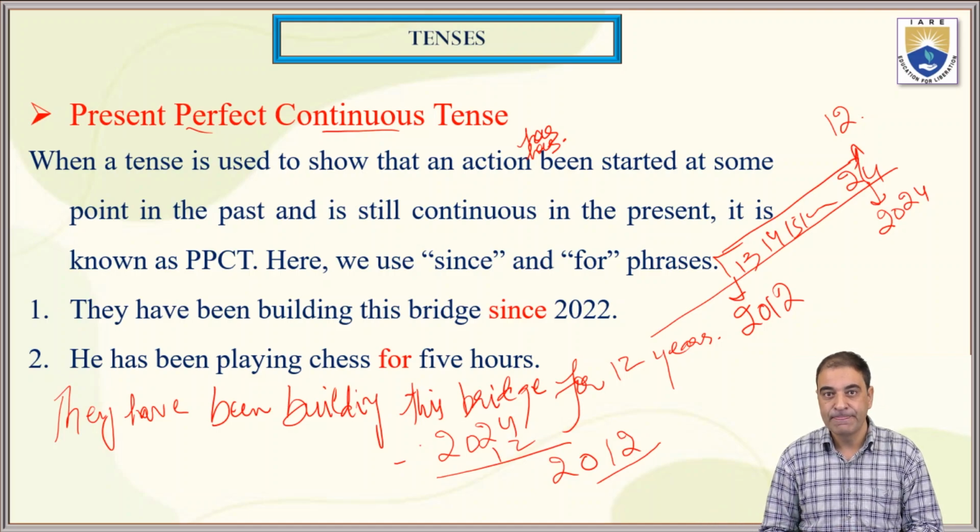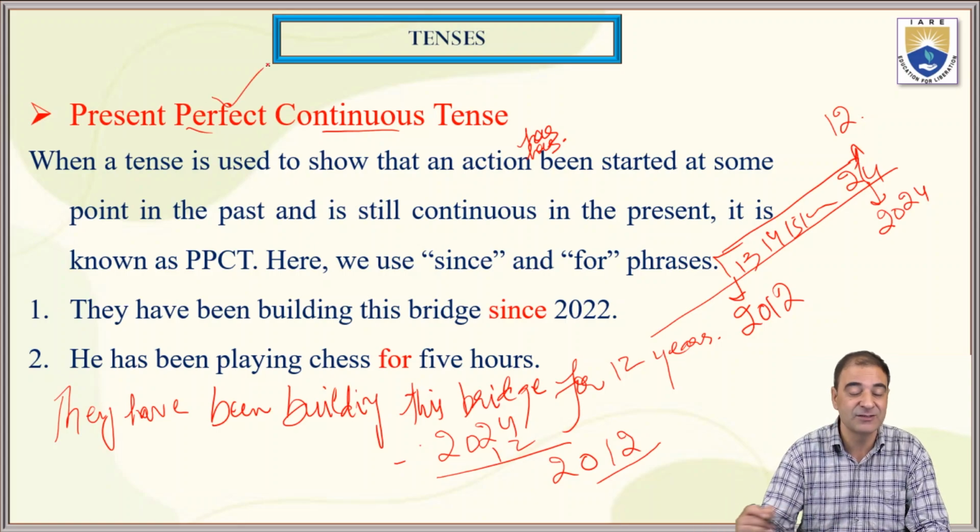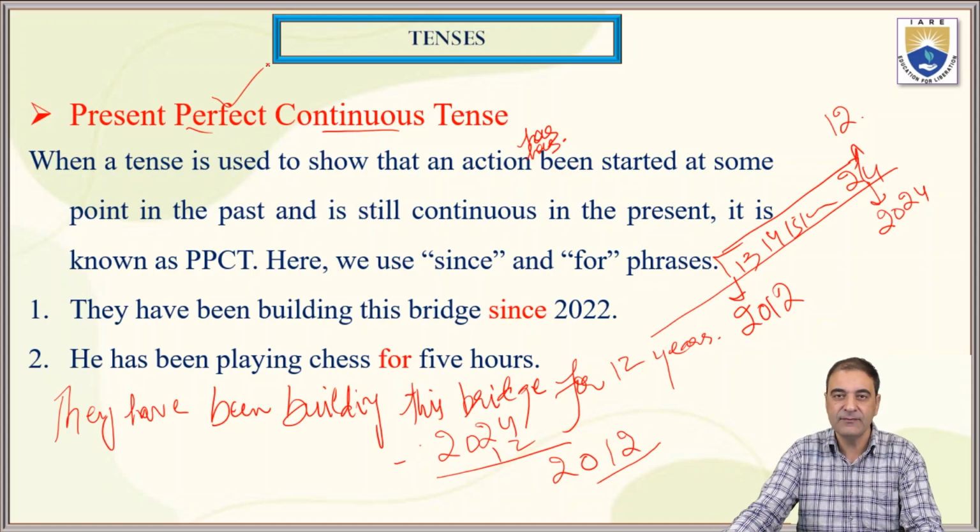It means the action started in the year 2012 and is still continuous in 2024. But some period of time has been completed in 2024. And what's that? That's the 12 years. That's why we say the completion. That's why we say the perfect.